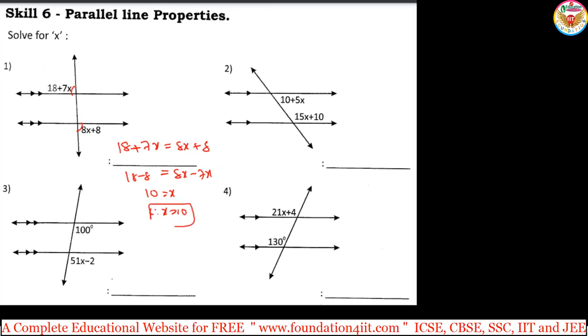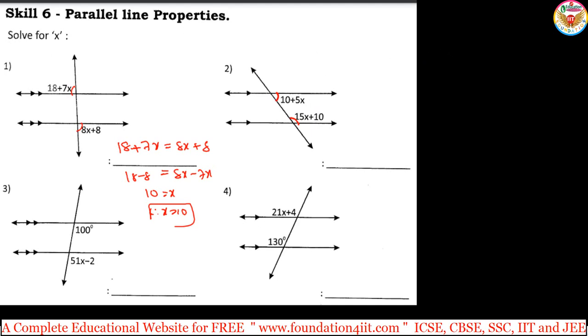Okay, same way. Next. Remember, only corresponding angles, alternate interior, and alternate exterior angles are equal. Next, same side of the transversal. Same side of the transversal is equal to 180. This is the transversal, but same side interior, so they must be equal to 180.